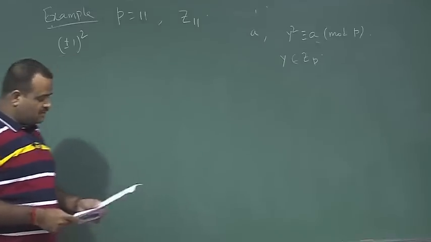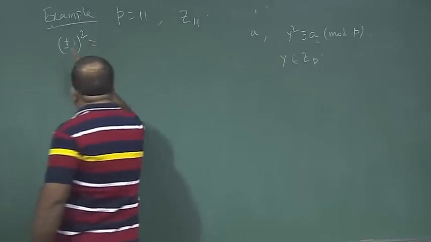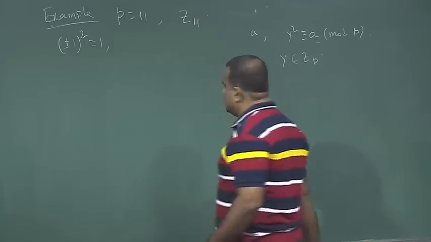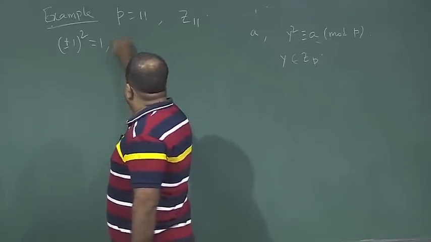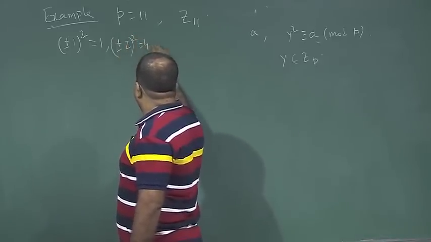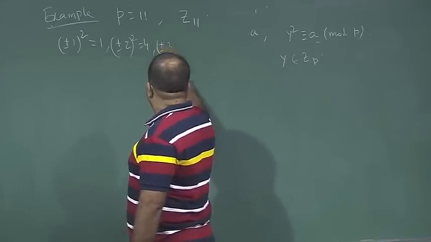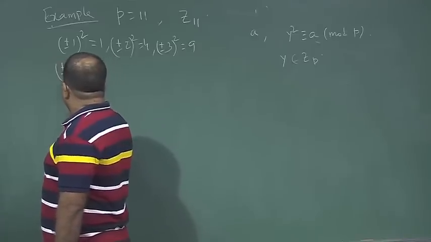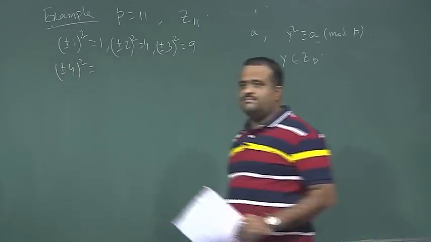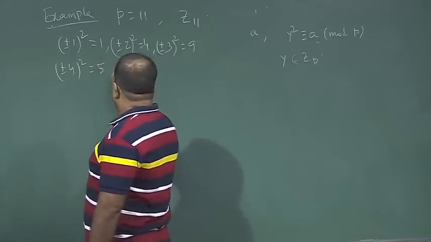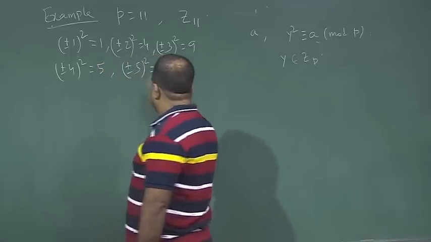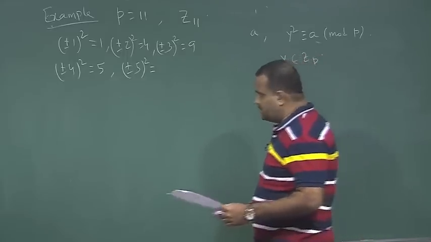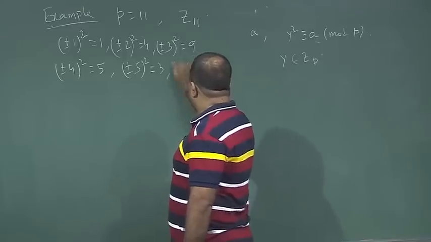If we try for all possible y's, all under mod 11: plus minus 1 square is 1, plus minus 2 square is 4, plus minus 3 square is 9, plus minus 4 square is 16, and 16 mod 11 is 5, plus minus 5 square is 25, and 25 mod 11 is 3.